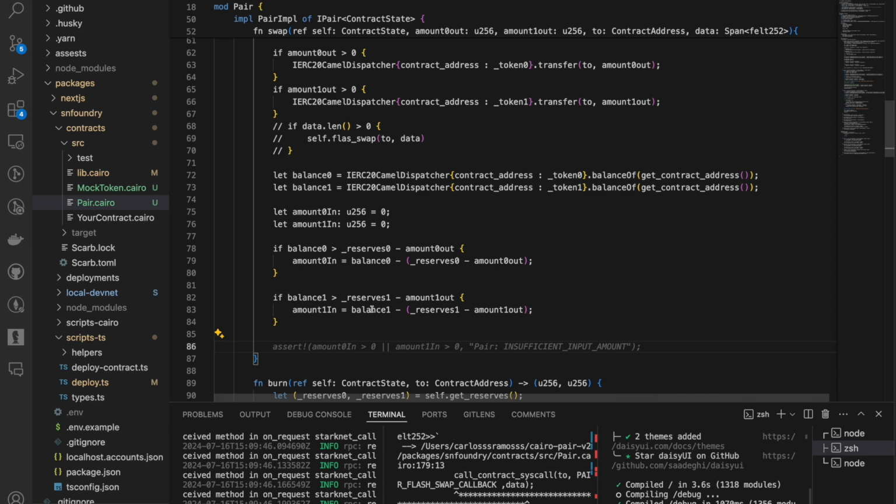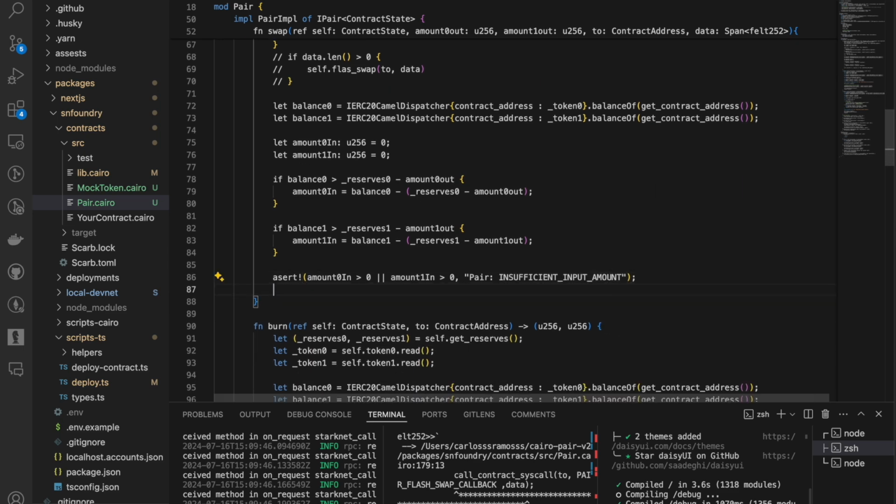Then I'm going to make sure that the inputs are correct. At least one of them has to be greater than 0, otherwise there's not enough input amount for this function call, for this swap, for this trade.